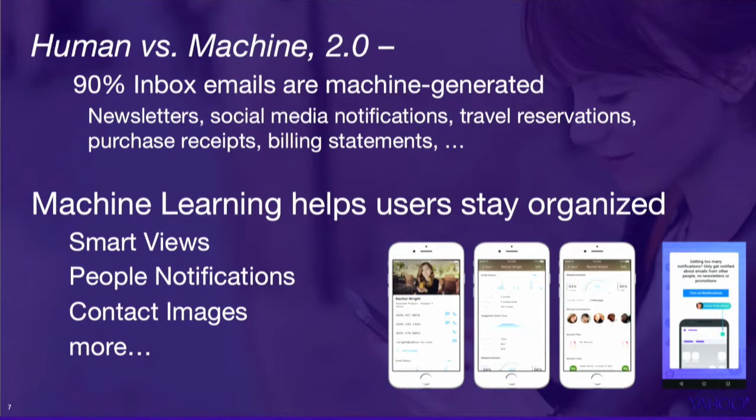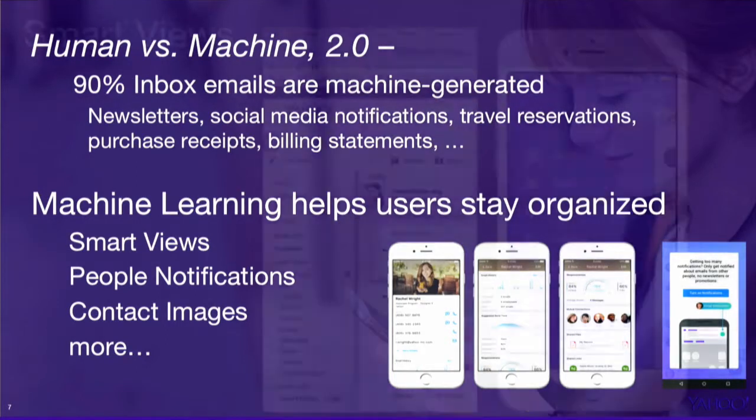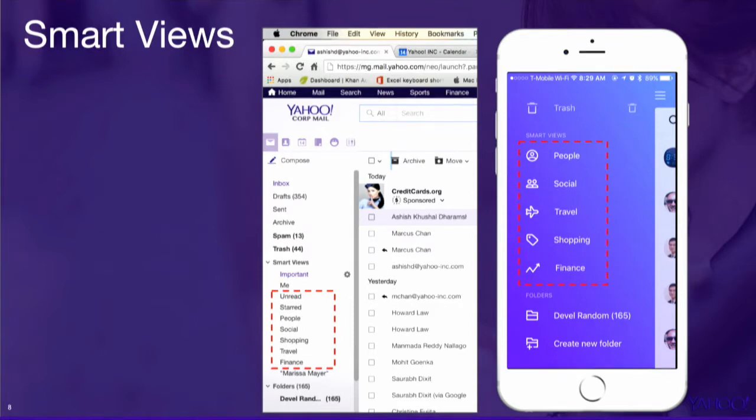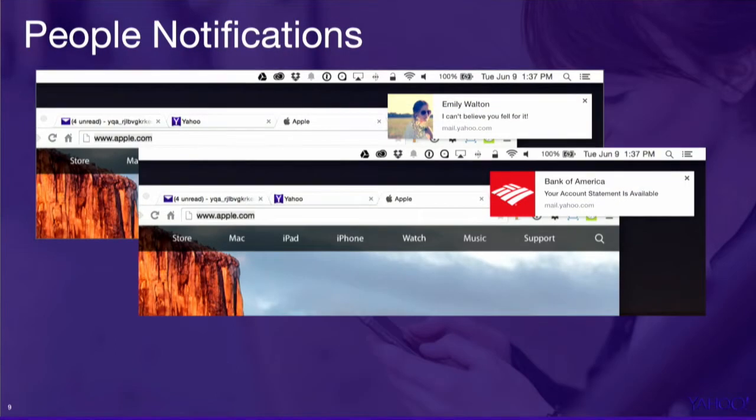And these attempts materialize themselves in the features that we offer. For example, Smart Views is a feature of Yahoo Mail where it tries to classify the emails into their different natures, whether they are emails from actual people or they're emails from social, travel, shopping, finance. Another example, notifications.